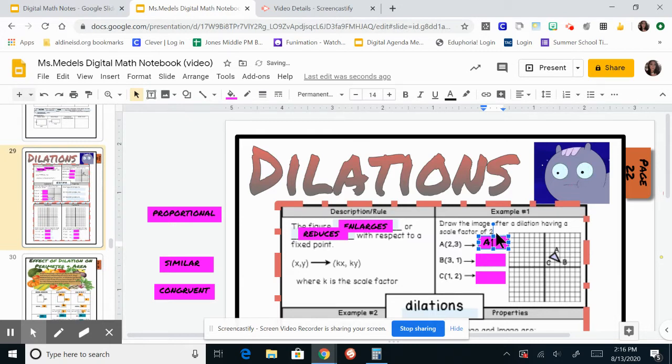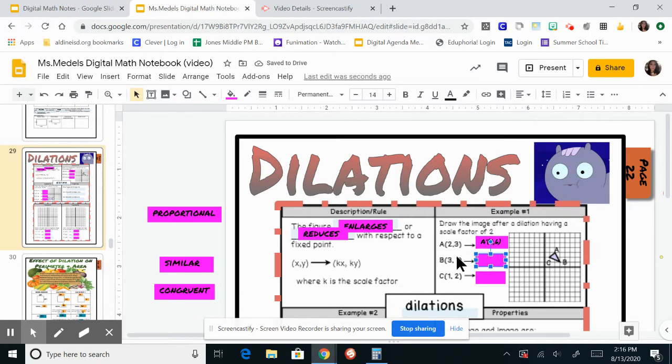I'm actually going to adjust because we are not going to fit if I keep the size the same. All I'm doing is multiplying my numbers by 2. So 2 times 2 is 4, 2 times 3 is 6. So my new A prime is (4, 6).